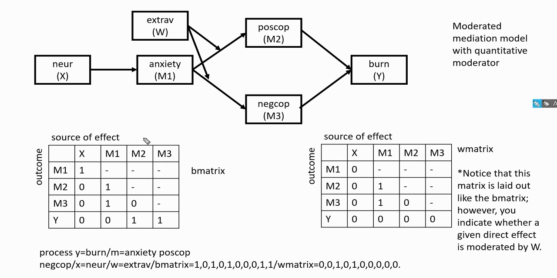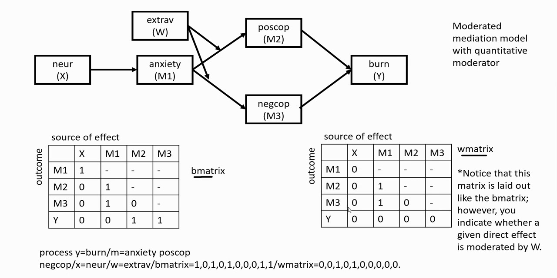So basically, as we're looking at our B matrix, we're leaving that exactly the same as what we had before. So all of those previous effects, we're going to leave all those values as they were before. Now, with respect to our W matrix right here, we're going to be indicating whether a direct effect from our B matrix is being moderated by our extroversion variable.